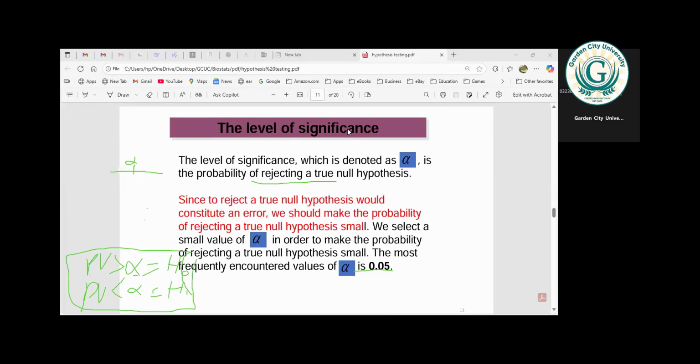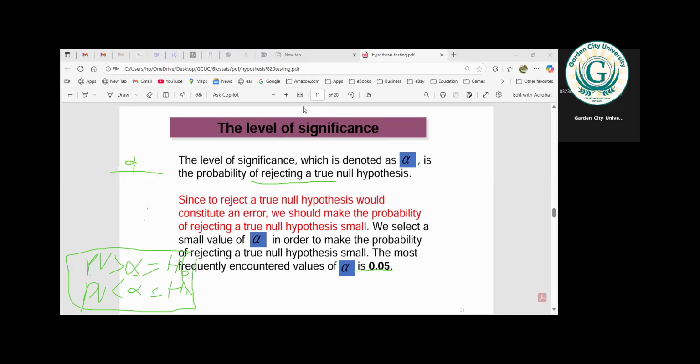Sir, please, can you just go over the level of significance again, where the alpha and the p-value all came from? I'm lost. What actually do you want me to say about it? What's bothering you? I didn't get the whole thing.